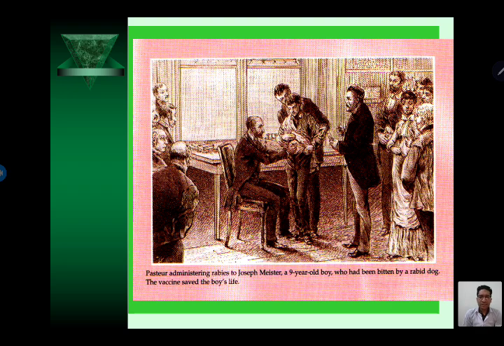In that picture, you can see Pasteur administering the rabies vaccine to Joseph Meister, a 9 year old boy who had been bitten by a rabid dog. The vaccine saved the boy's life. So, the rabies vaccine, you know very well. The rabies vaccine is basically for dog bite prevention.